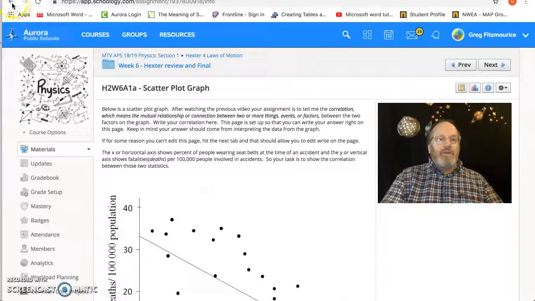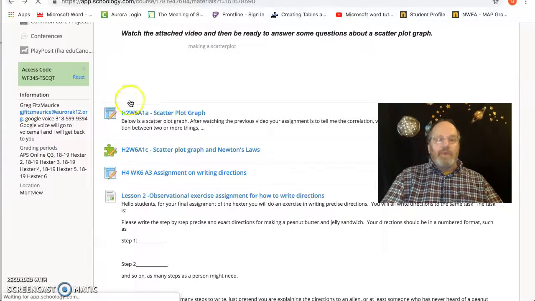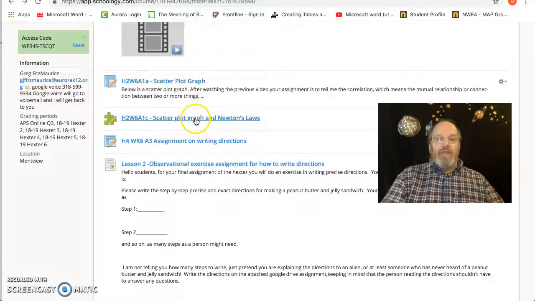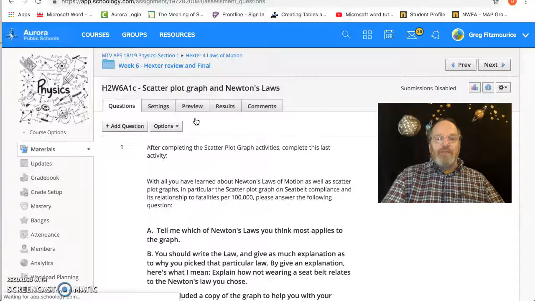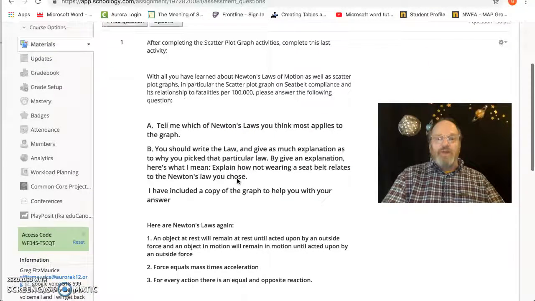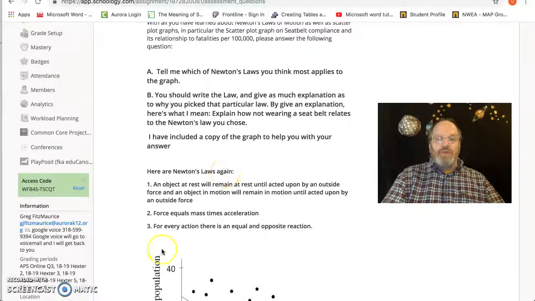Now, once you get that done, there's a couple of assignments that go along with the scatter plot graph. Your assignment number 1 is to tell me the correlation. And then the next assignment is tell me which of Newton's laws you think most applies to the graph. Now I've included the laws here to help you.